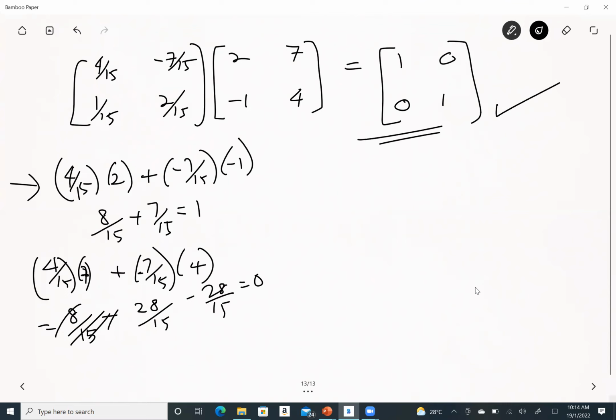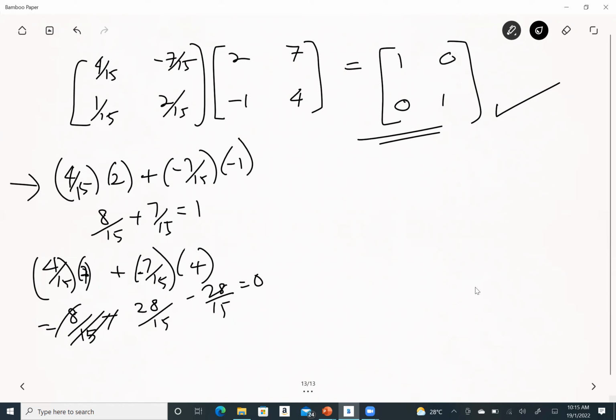So that's it. Now, I want you to do another example. I give you another question. In the book, it's 3.4. Look at the exercise. We only worry about 2 by 2.